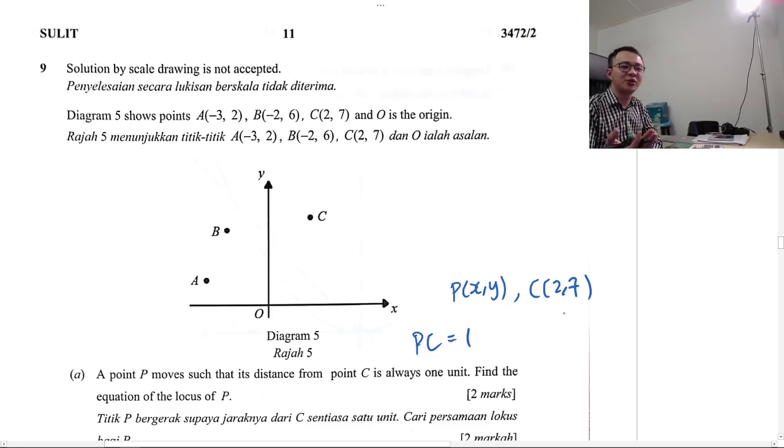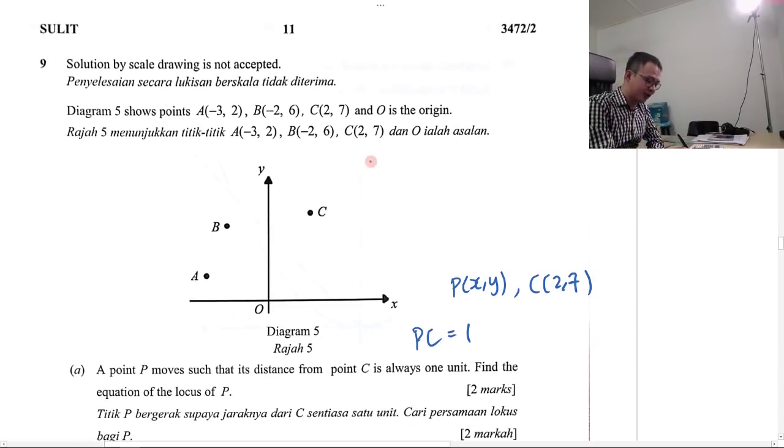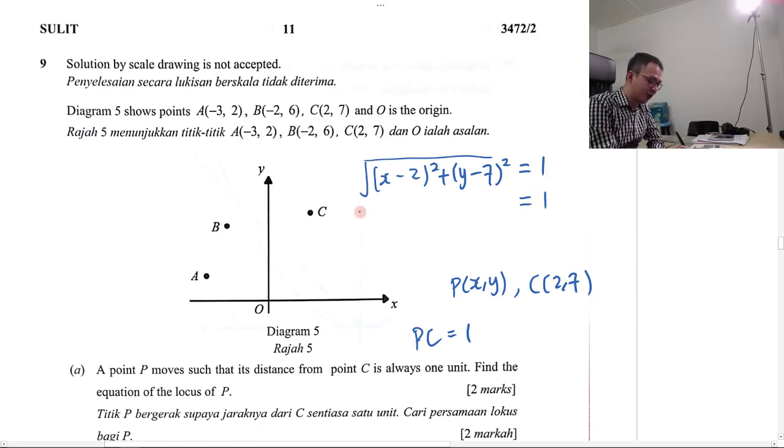In order to get the locus, you know locus is basically a distance, right? So I will just use the distance formula. So square root of (x minus 2) squared plus (y minus 7) squared equals 1. Then I move the square root to the other side, it becomes 1 squared, which is 1 also. Then I expand: x squared minus 4x plus 4 plus y squared minus 14y plus 49.